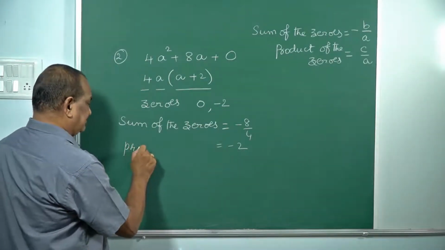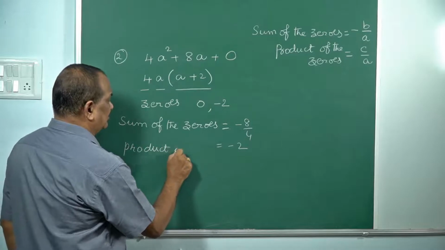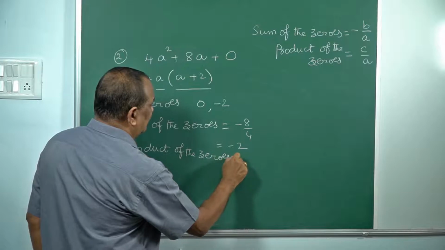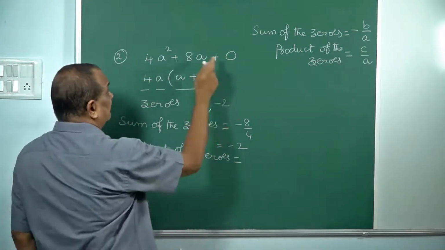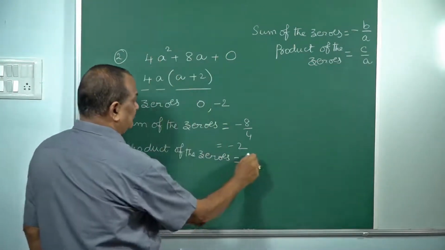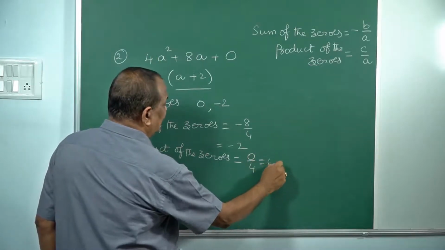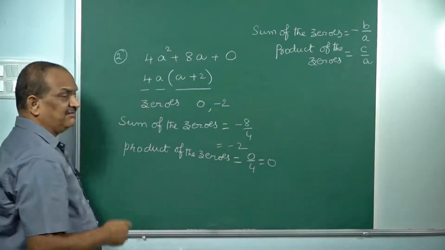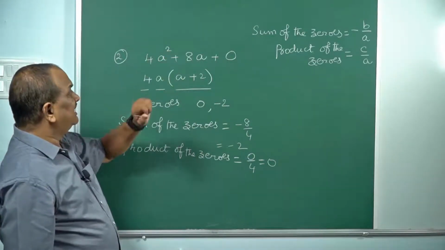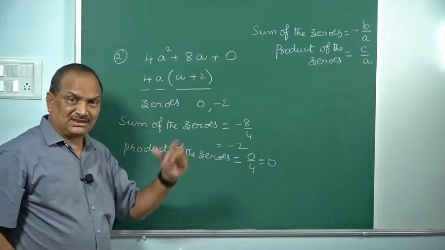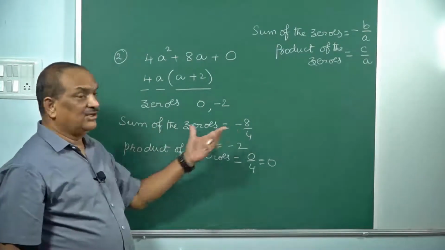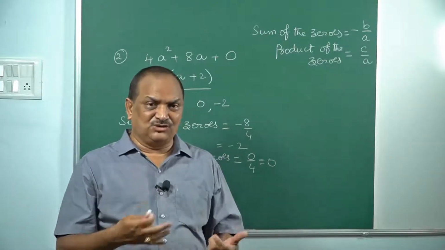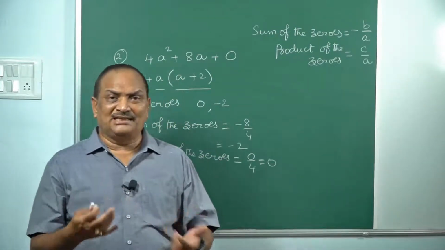Then, product of the zeros. Let us understand c by a. That is a formula. 0 by 4 is equal to 0. Of course, if you multiply these two, you get 0. So we have verified. We have taken the given quadratic polynomial, we have factored it, we got zeros, and from the formula we got sum of the zeros and product of the zeros. We just verified if the values we got for zeros do match with that.